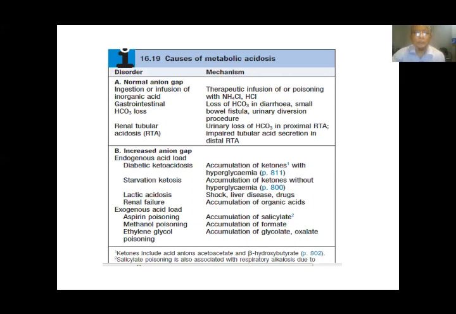Now comes the causes of metabolic acidosis. This is very important. This disorder is divided into normal anion gap and increased anion gap acidosis. Anion gap is the difference between cations and anions.